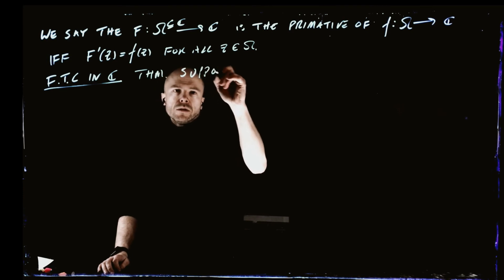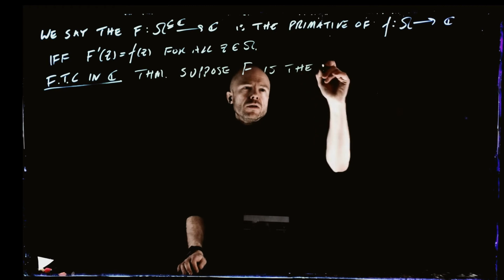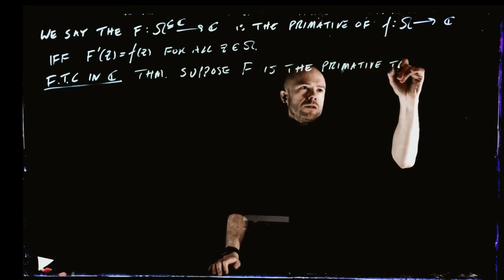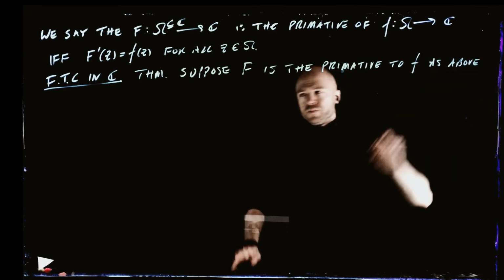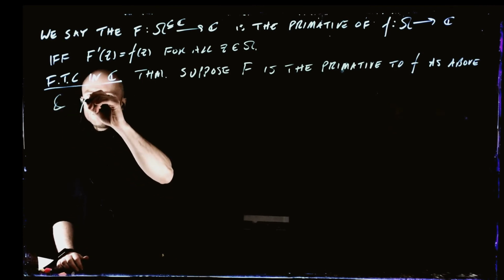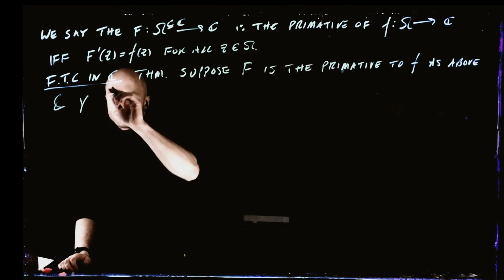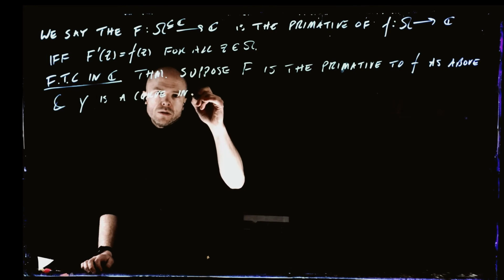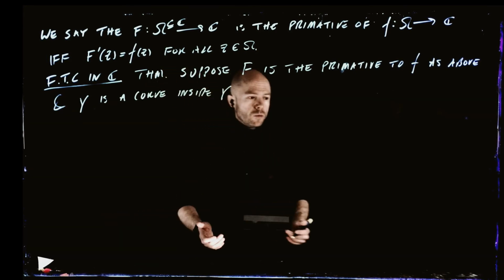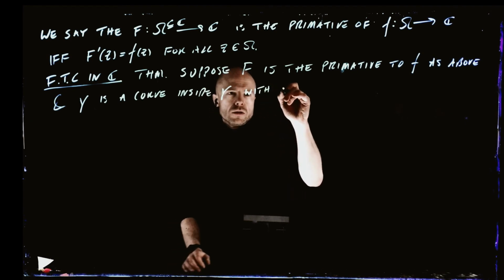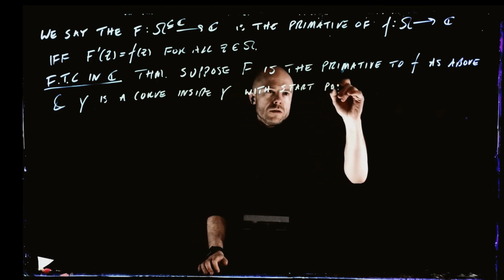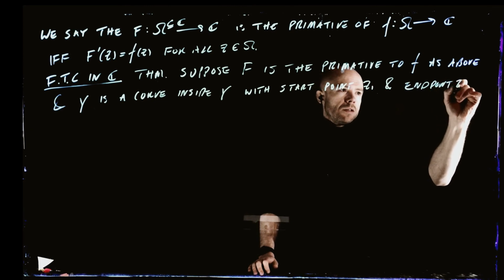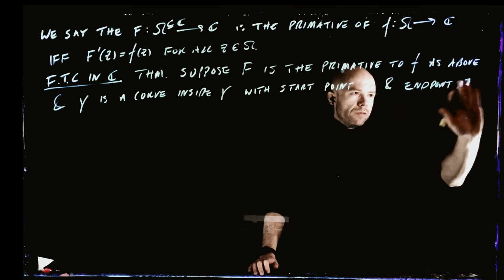Suppose F is the primitive to little f as above, and gamma is a curve inside the domain, let's write it in words, with start point, let's say z1, and endpoint z2, because as we know, the curve has inside its definition a start point and an endpoint.